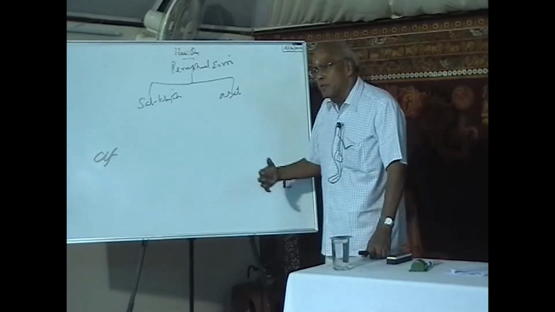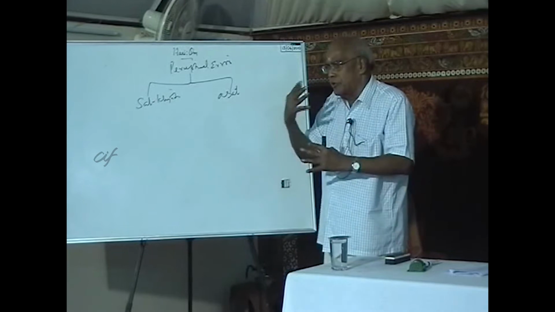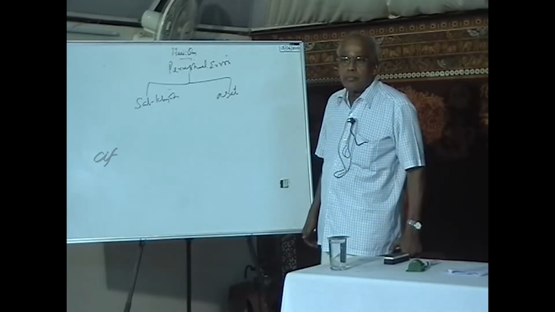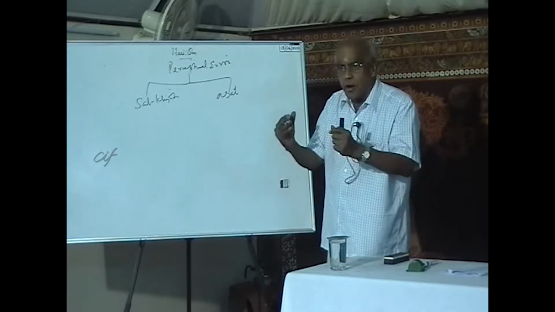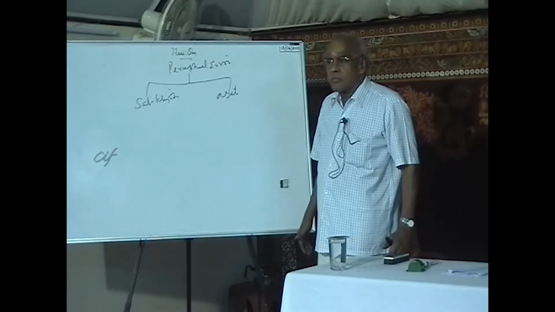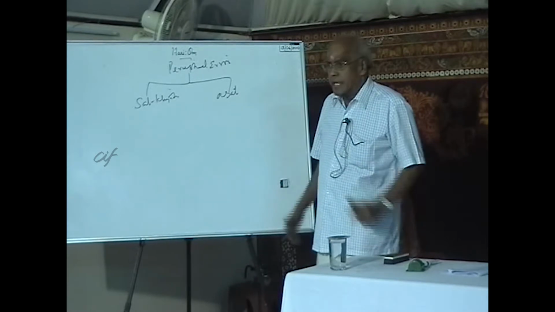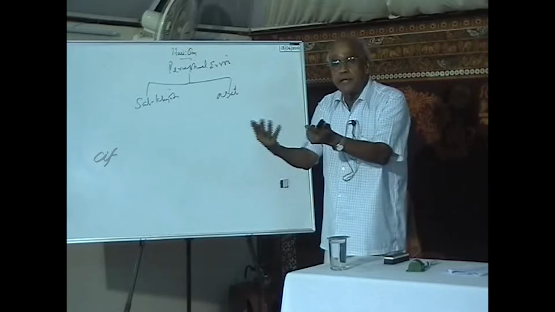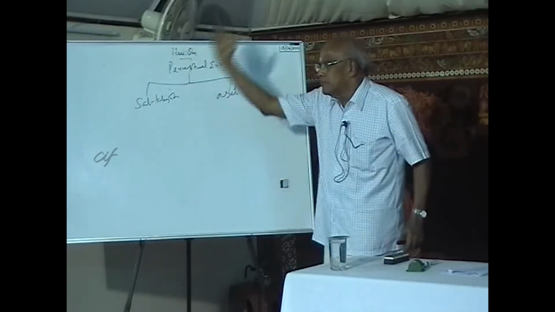He will try to prove it by his own logic, the Chatushkodi logic. Whether it is, or it is not, or it is both is and is not, neither is nor is not. Over.